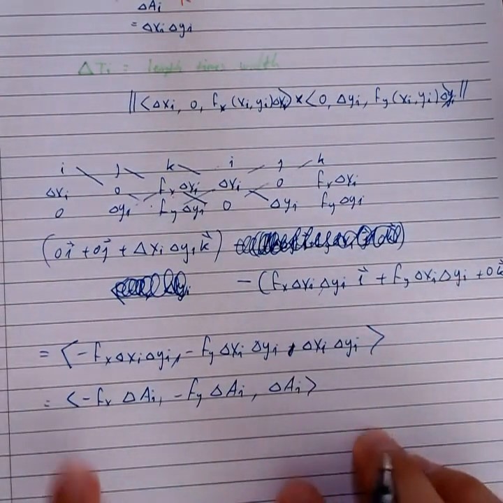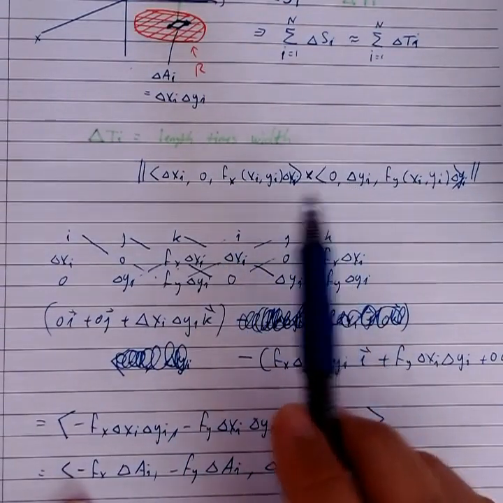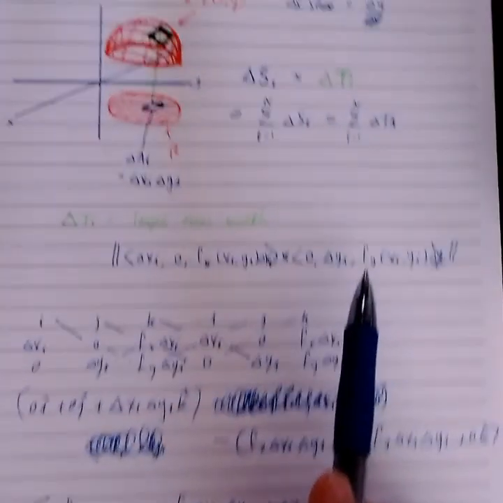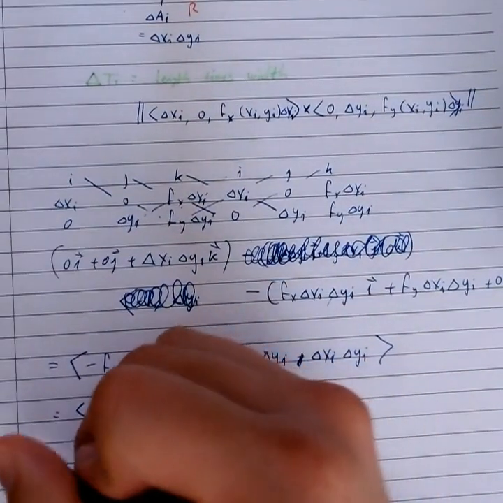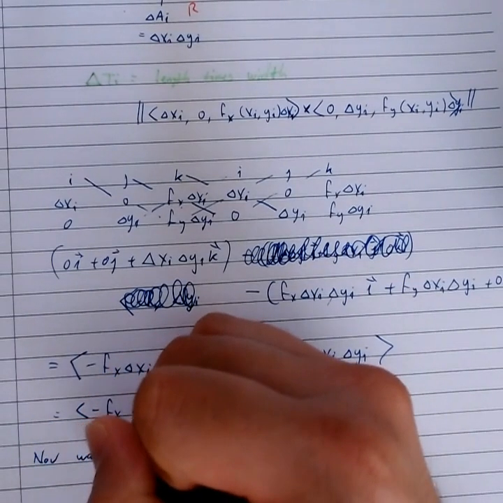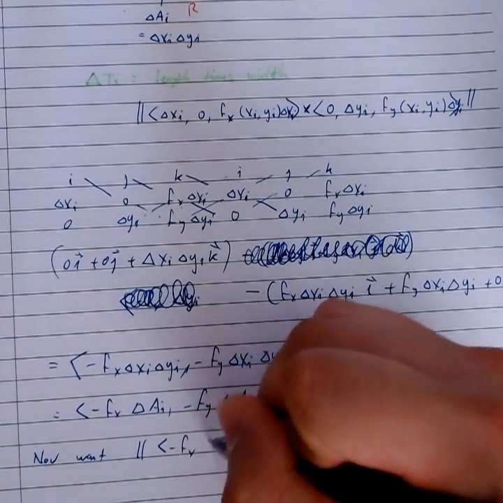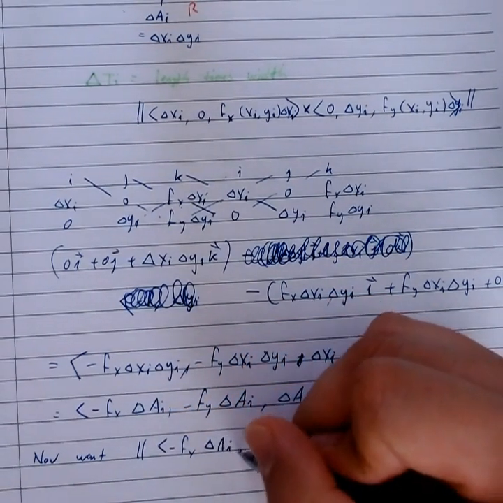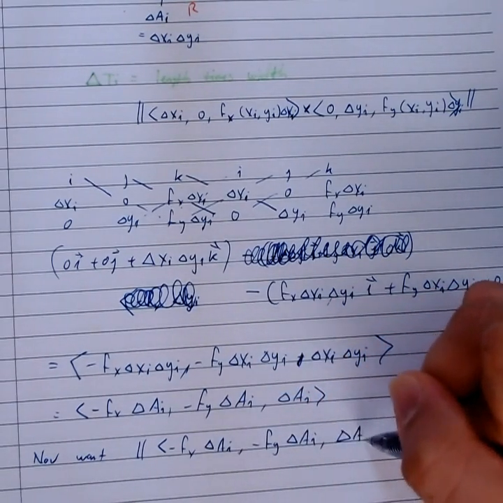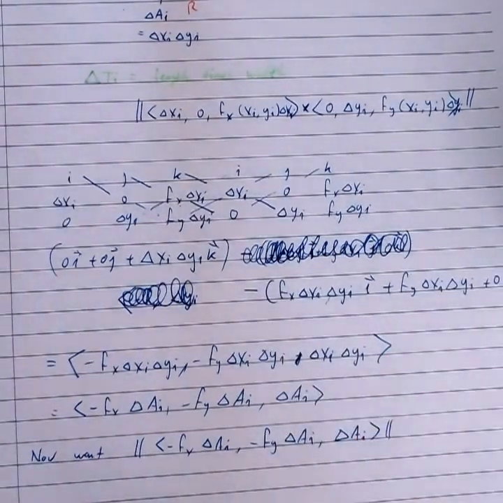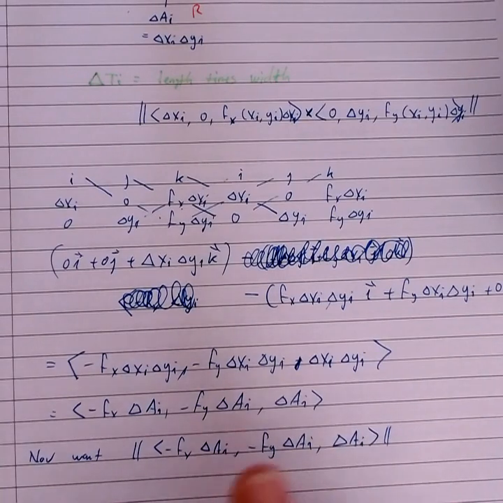Okay. All right, so there's going to be the cross product of these two vectors. That cross product, if I now take its magnitude, that'll give me the area of this little tangent plane. Okay, so let's go ahead and do that. So now we want the magnitude of minus f sub x delta ai, comma, minus f sub y delta ai, comma, delta ai, like this. And when we find magnitude, we just take the squares of each of these, add them together, and take a square root.